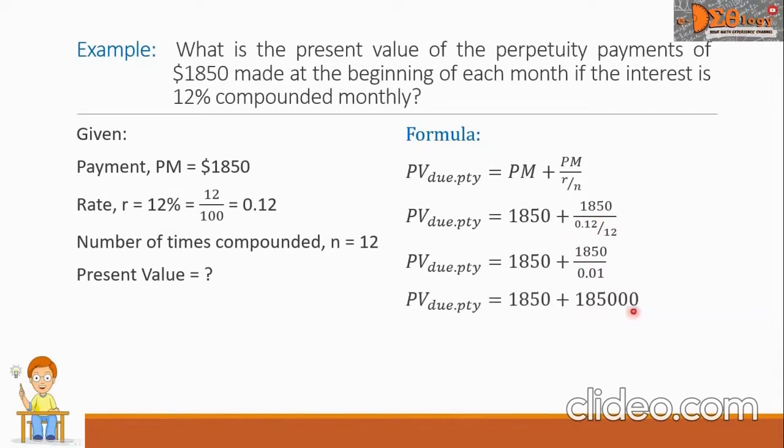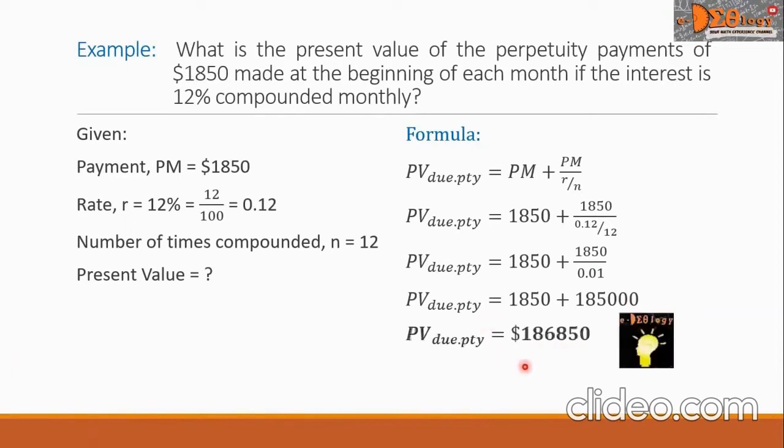This big number we will add to the payment of 1,850, and the sum is 186,850. This is the present value of the perpetuity. We will not forget to affix the dollar sign. And this is now our final answer.